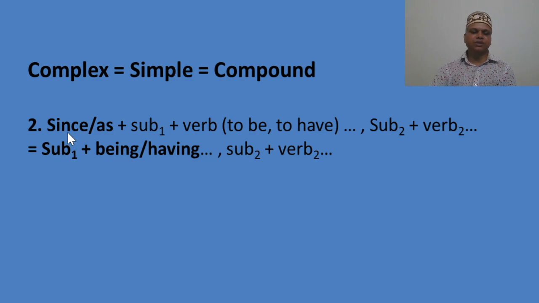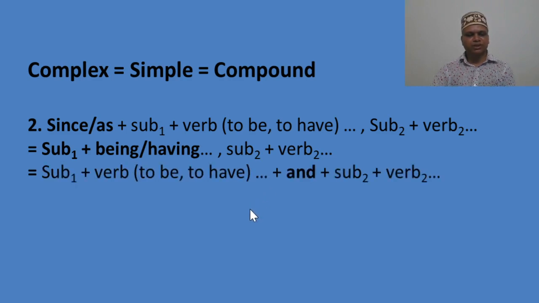We just omit since, as, and instead of the verb to be or to have, we use the ing form of to be and the ing form of to have. Here the ing form of to be is being, and the ing form of to have is having, and we use the rest of the sentence. And the second clause usually remains unchanged.